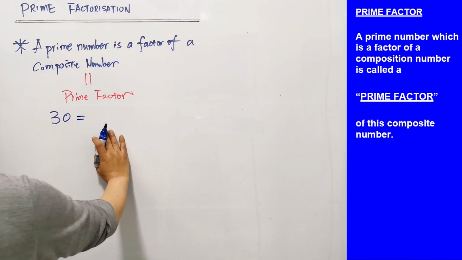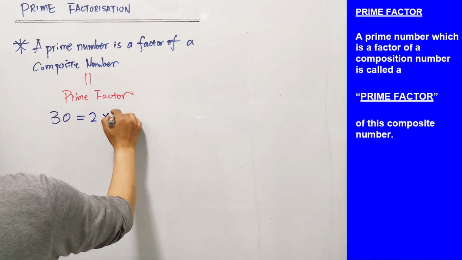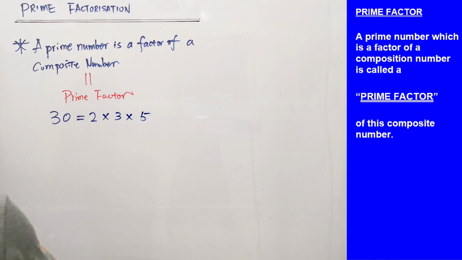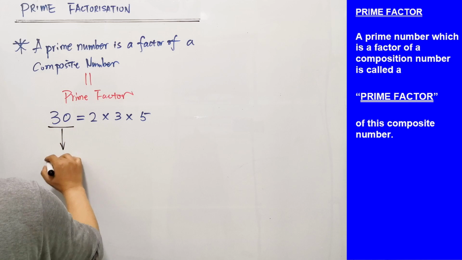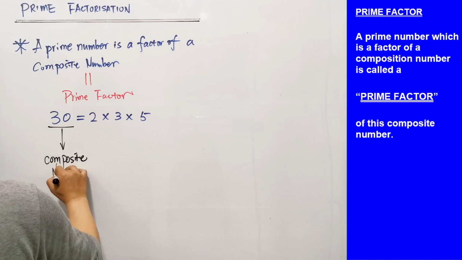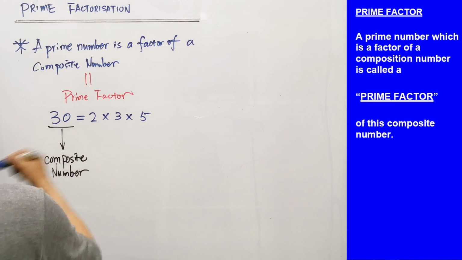So basically, it has prime factors like 2 times 3 times 5.